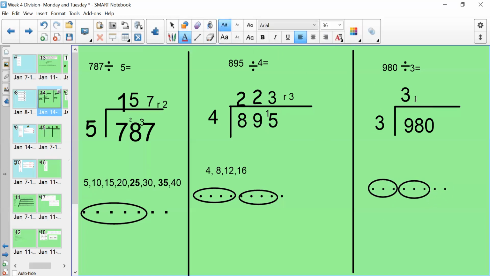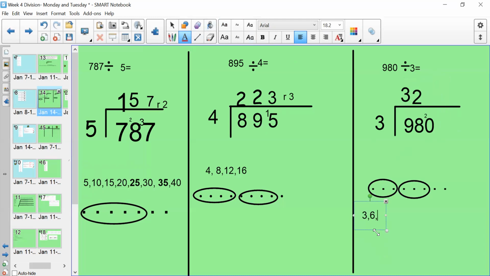So 3 goes into 8 twice. And then 2 left over would be regrouped onto the 0. So now we've got a new number, which is 20. Okay, and if we count the multiples of 3, let's see if it goes into 20 equally. Now, if you know your 3 times table, you'll already be thinking about if it goes into 20 equally or not.